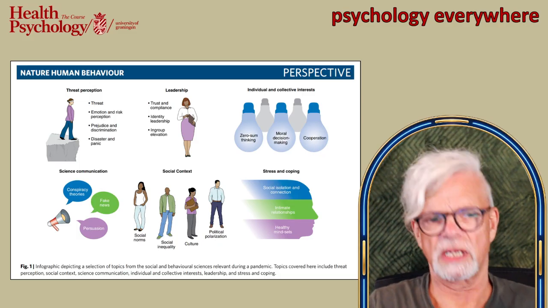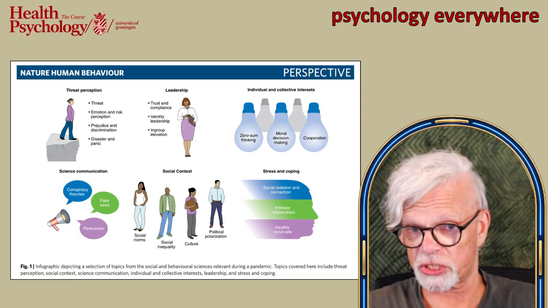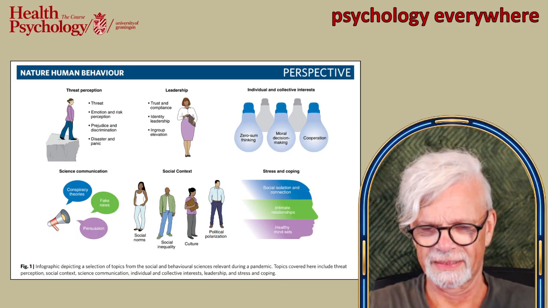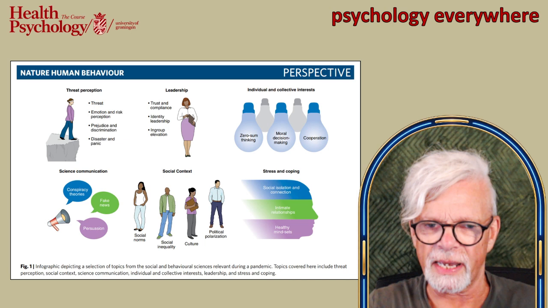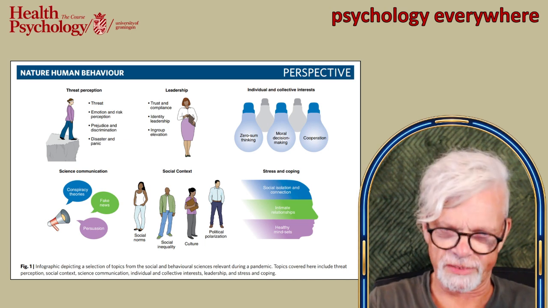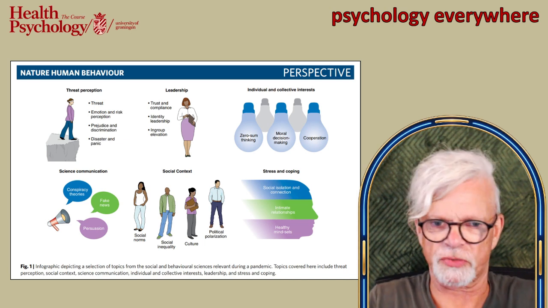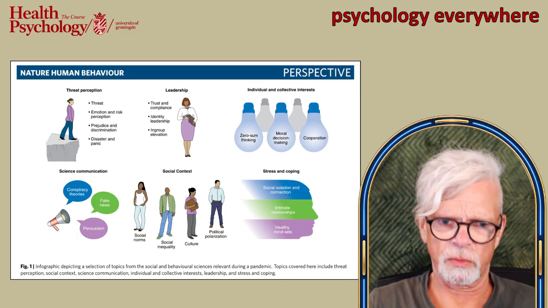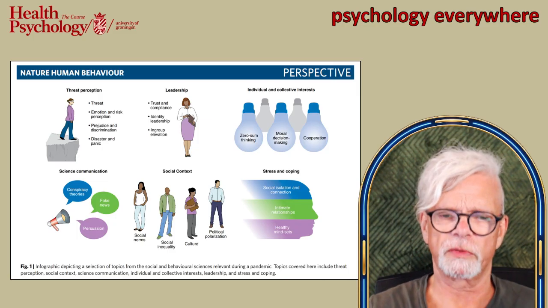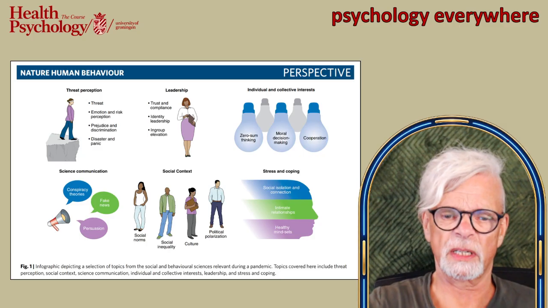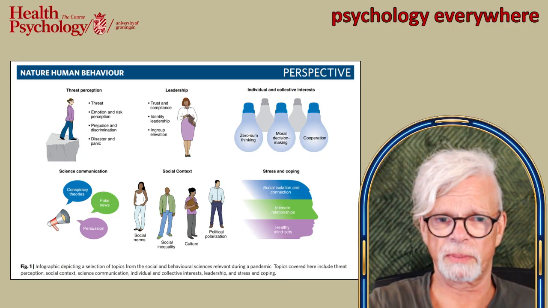Medical doctors, epidemiologists, and virologists were prominent on television. But it's not the virus that behaves. It's not the virus that flies or travels by train to another city. No, it's human behavior that spreads. That's the core of the moving of the pandemic, of the epidemic and the pandemic.